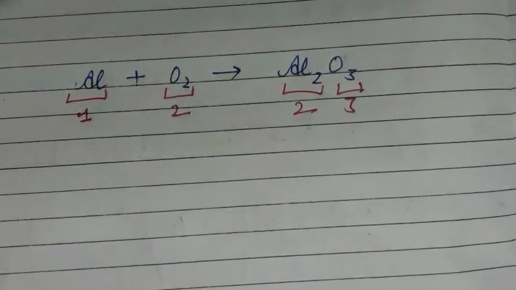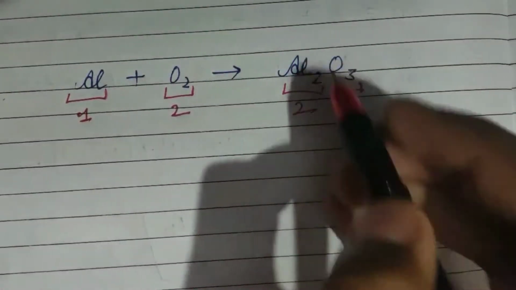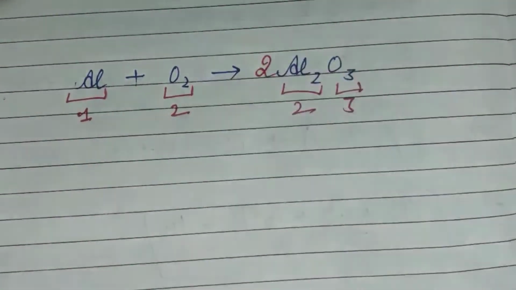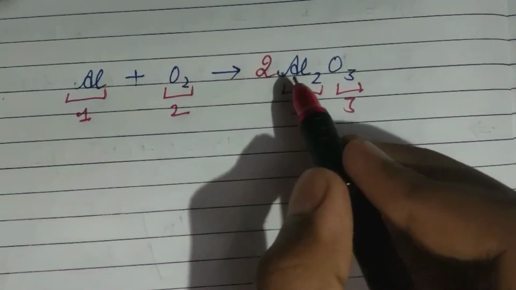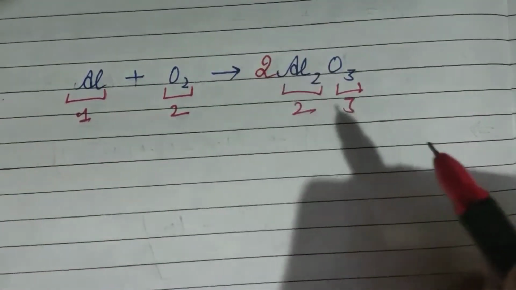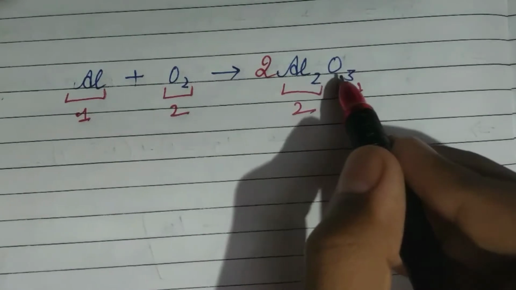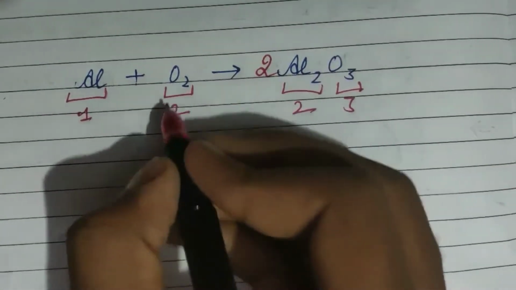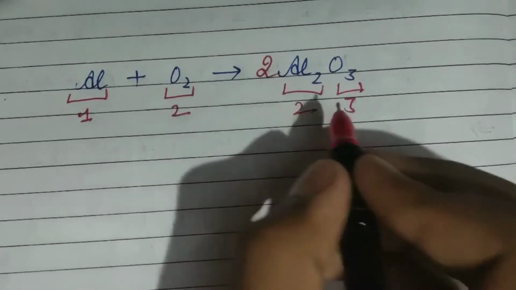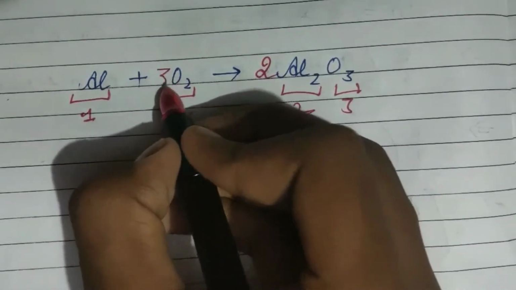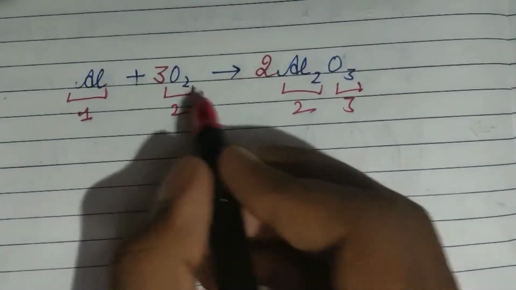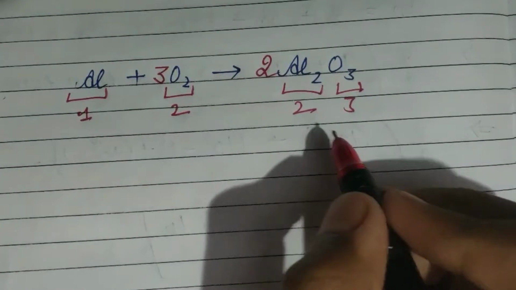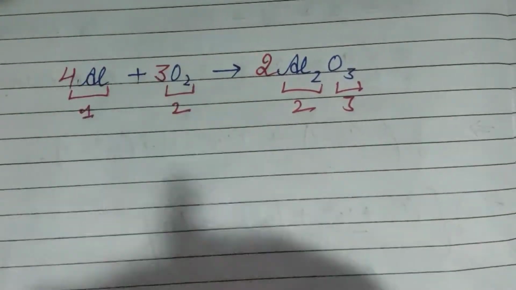So I'm gonna multiply this with 2. Okay, so this is gonna make our aluminium 4 at the product side, and the oxygen 6. So to make the oxygen 6 both sides, I gotta multiply it with 3. It becomes 6 here, and aluminium I gotta multiply it with 4.